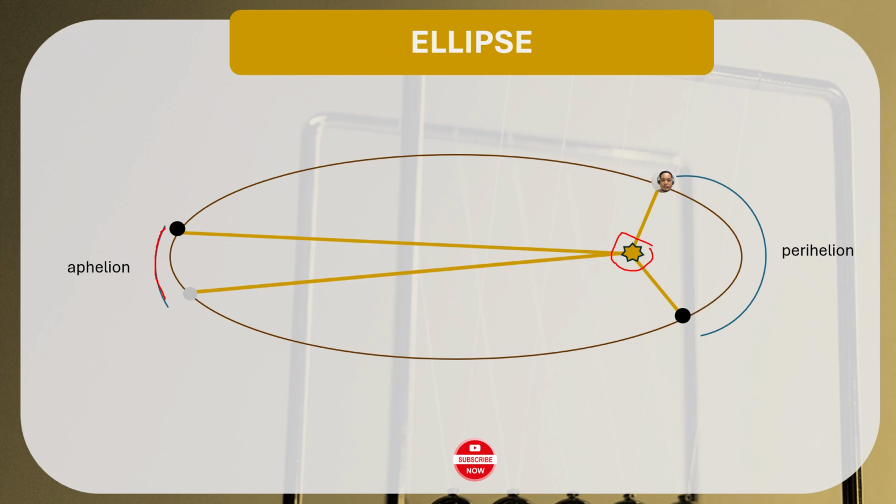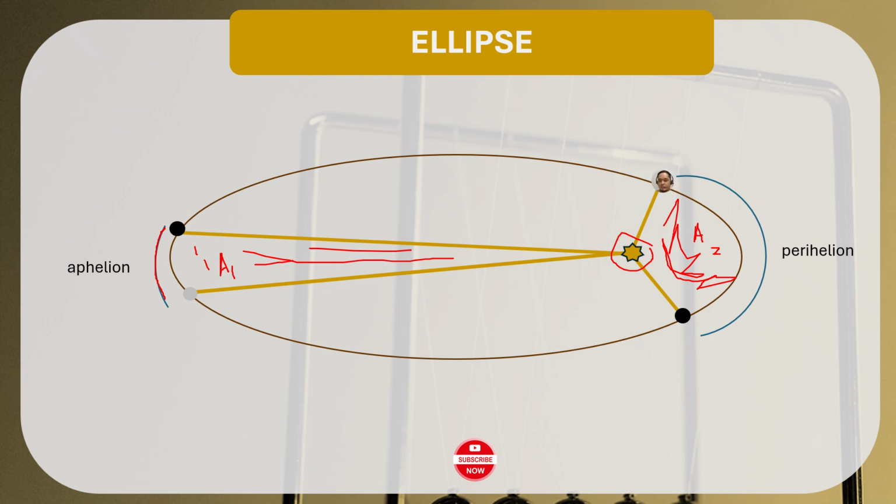And remember the area: let's say this is area 1, it is equivalent to area 2 according to the second law. These two areas are equal.